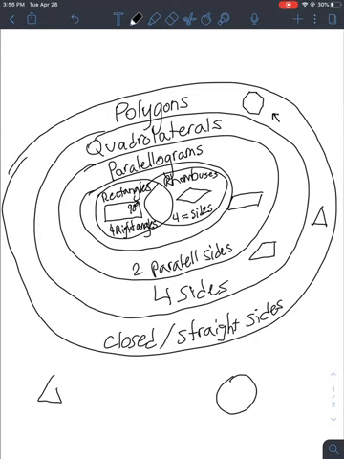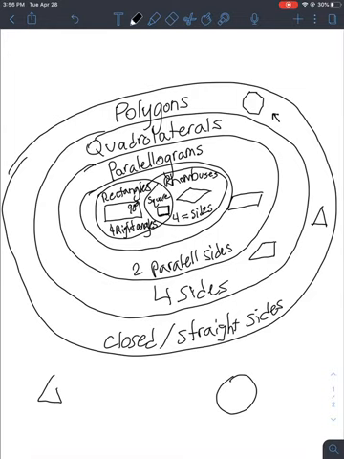Okay, and then both of these put together in the middle, rectangles and rhombuses, is the square. Because the square is a closed shape with 4 straight sides. It has 4 sides. It has 2 parallel sides, at least 2. And then it also has all 4 corners at 90-degree angles, and it has 4 equal sides.